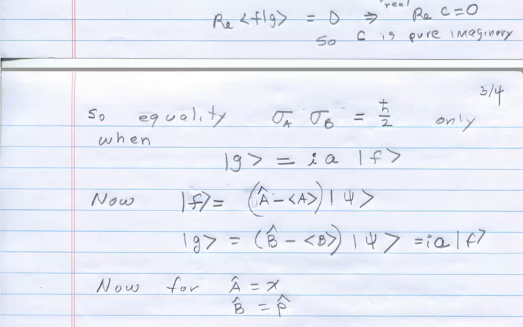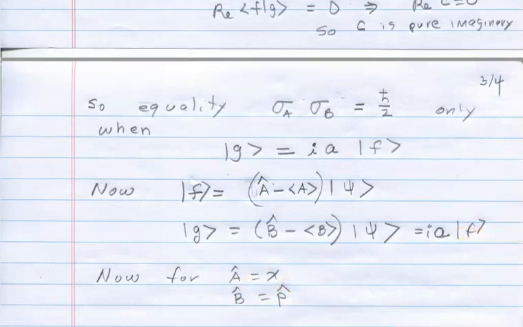Well, that's of interest. So now I'm going to look at the case where the A operator is the position operator and the B operator is the momentum operator in the x direction.